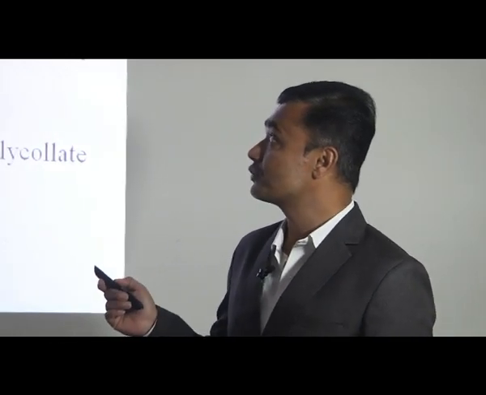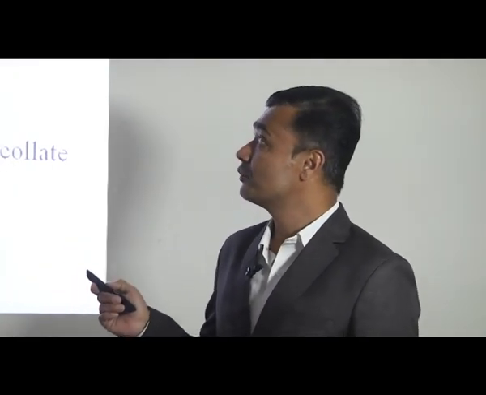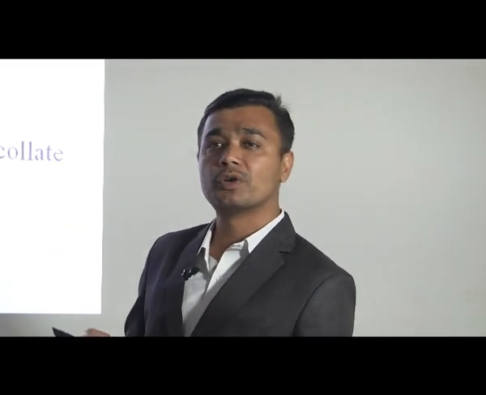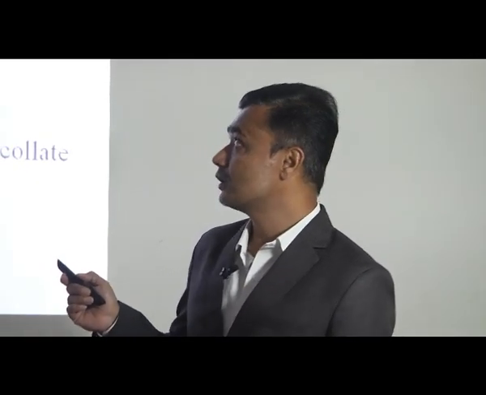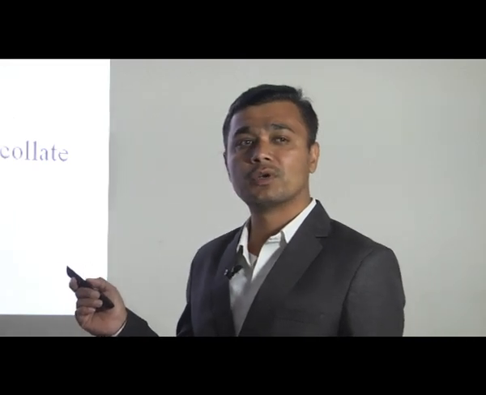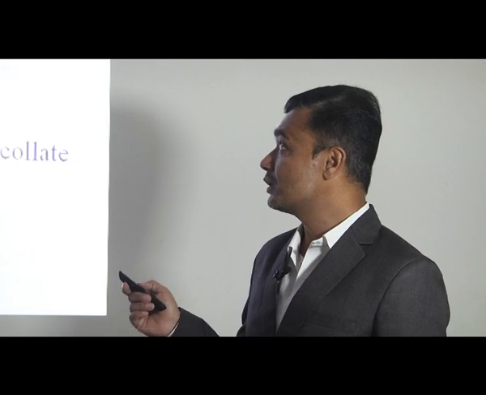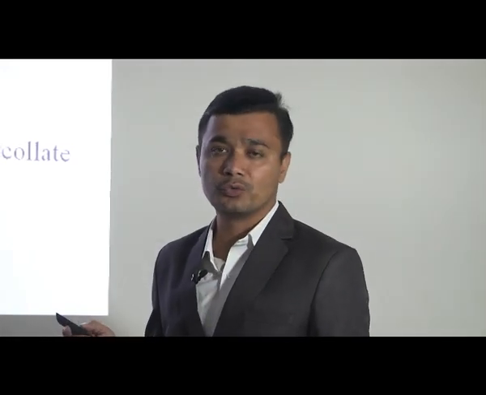The first step is filtration of the test sample by passing it aseptically through a membrane filter. The porosity of the membrane filter is 0.45 micron and the diameter is approximately 47 millimeter. Through this membrane filter we filter the sample. After filtration, the membrane is removed aseptically from the metallic holder and divided into two equal halves.